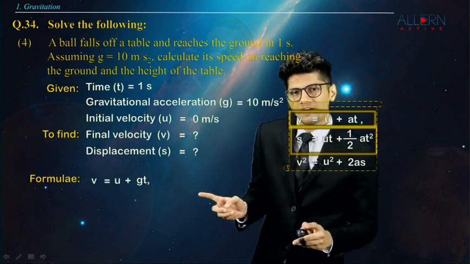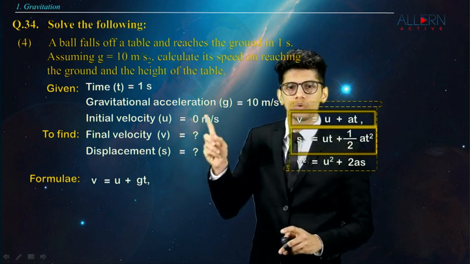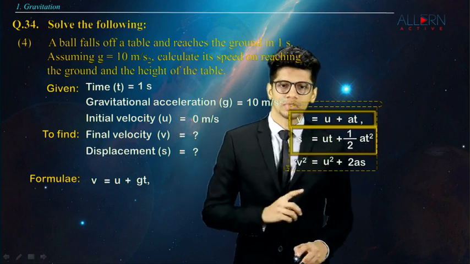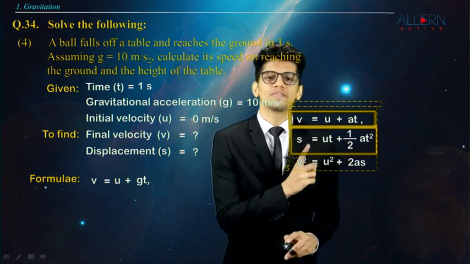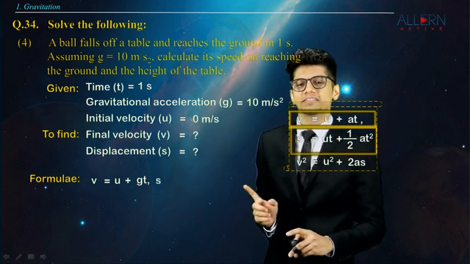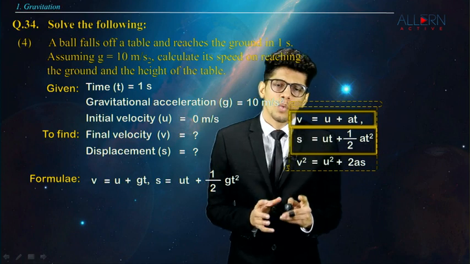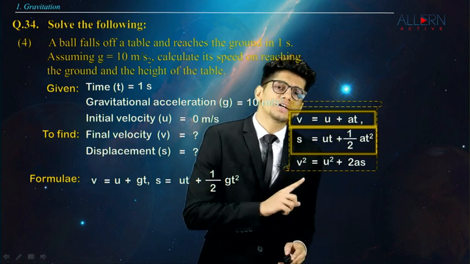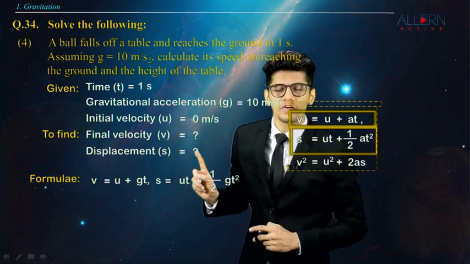Now secondly, we have to find the value of s. So we have s, u, g and t. So s, u, a, that is g and t, right? So we'll use the second formula, that is s is equal to ut plus half gt square. Now one question is, can we use the third formula? Let us see. We have s, that means we need to find the value of s.